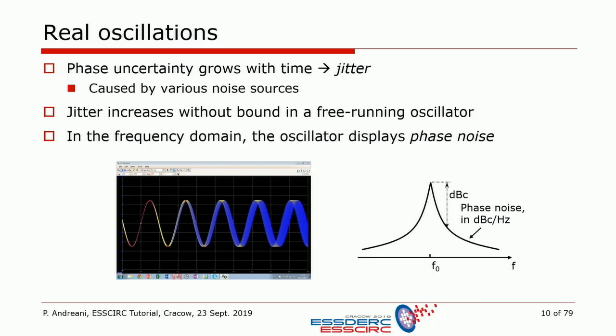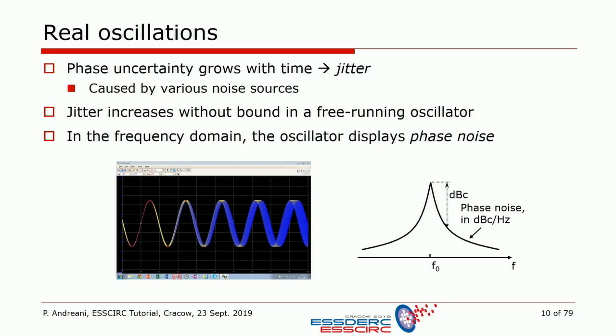But if we focus more on wireless applications, then there is more information in the phase noise, which is calculated, as we have already seen, in dB with respect to the carrier, in a bandwidth of 1 hertz.